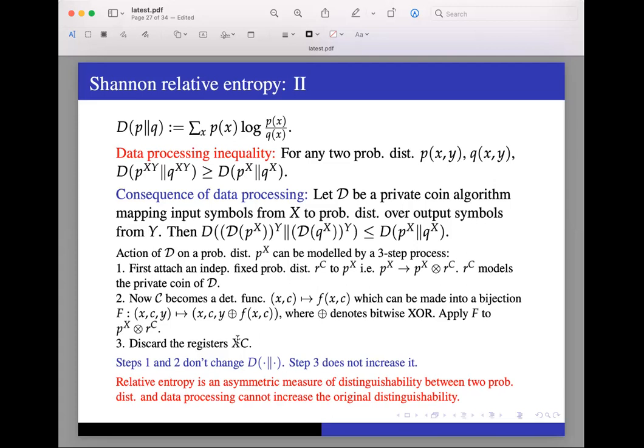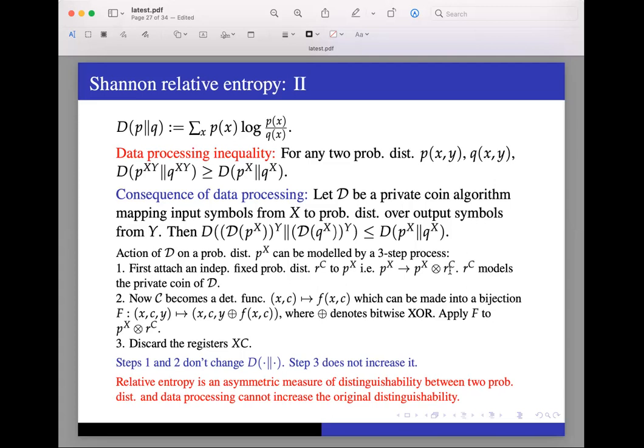What is that last step? Last step, discard. Remember, the algorithm was supposed to send X to Y, right? So all these are internal things. It first sends X to X comma C by putting in this probability distribution over the private coin.